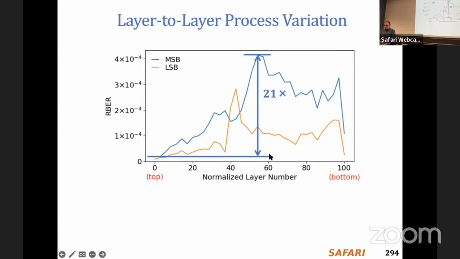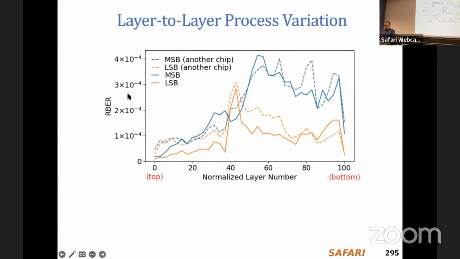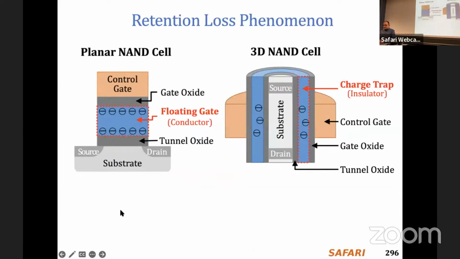You can see 21 times difference across different layers. So we have large raw bit error rate variation across layers and also across LSB and MSB pages. So there is this variation that we should consider.